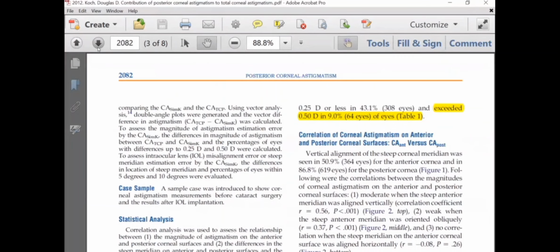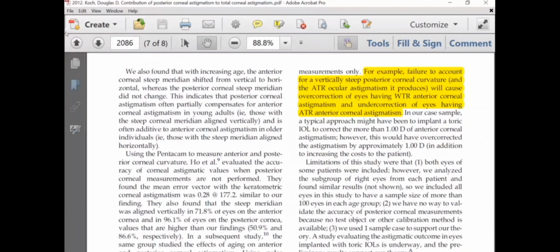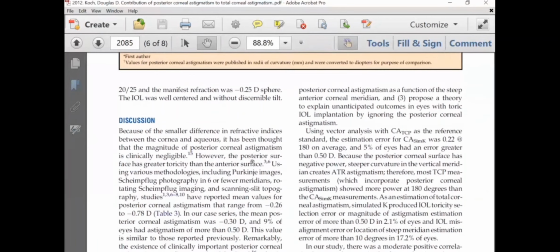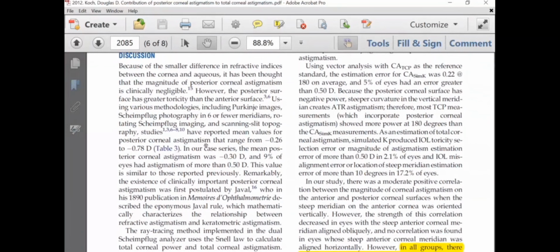I just want to show you something here about the range. So look at that here. The range of astigmatism is between minus 0.26 to minus 0.78 diopters. Right. So the mean was 0.3 diopters, but I just wanted to show you that the amount of corneal astigmatism on the posterior surface can be quite significant.